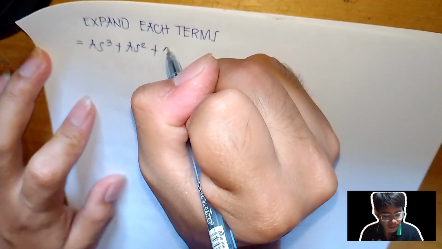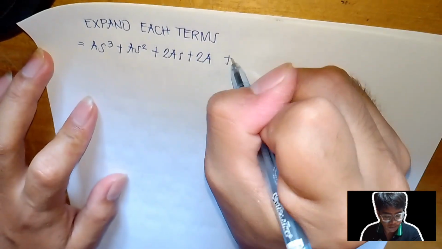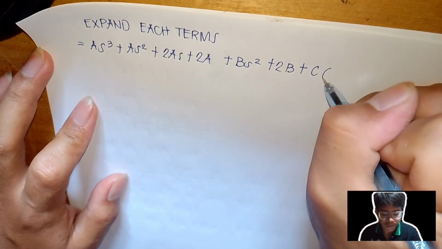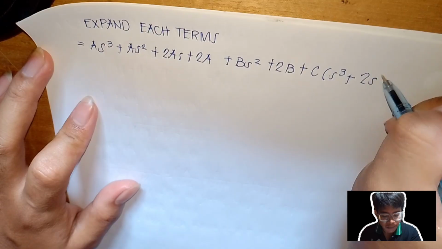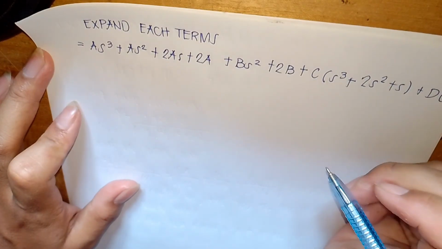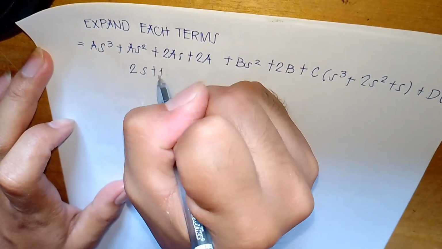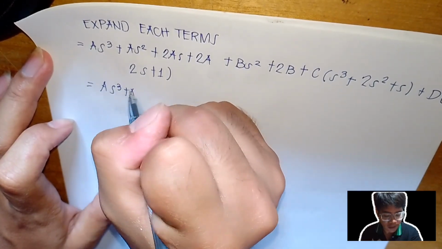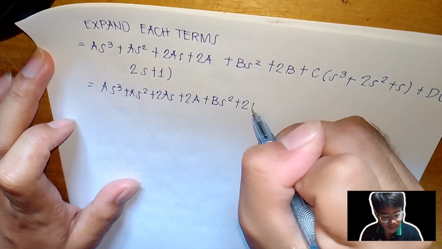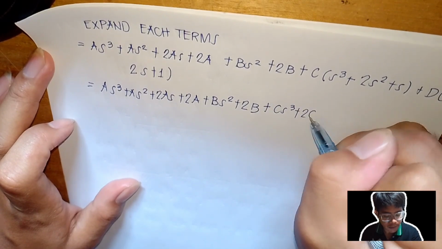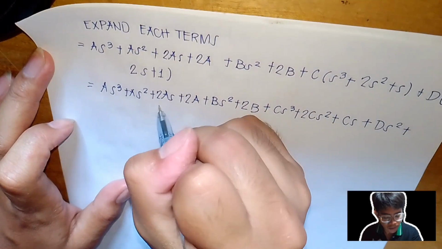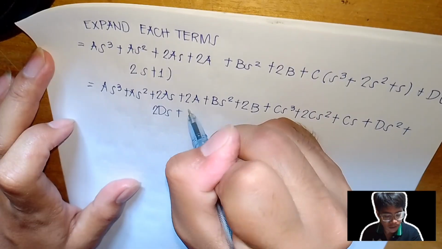As cubed plus As squared plus 2As plus 2A plus Bs squared plus 2B plus C times s cubed plus 2s squared plus s plus D times s squared plus 2s plus 1 is equal to As cubed plus As squared plus 2As plus 2A plus Bs squared plus 2B plus Cs cubed plus 2Cs squared plus Cs plus Ds squared plus 2Ds plus D.